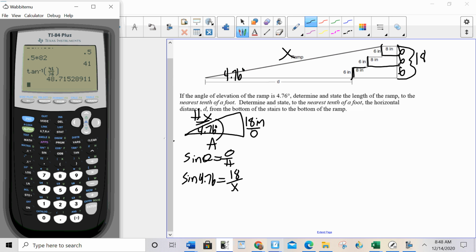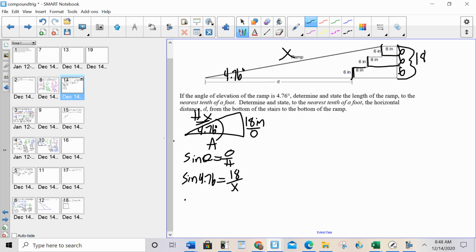Sine 4.76 is 0.0829. 0.0829 times x equals 18.